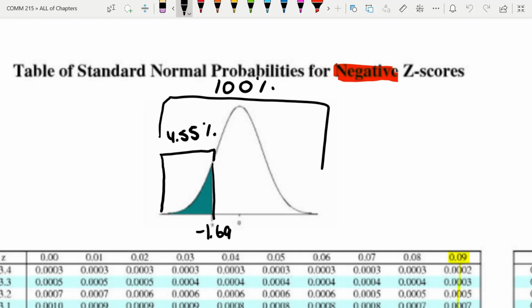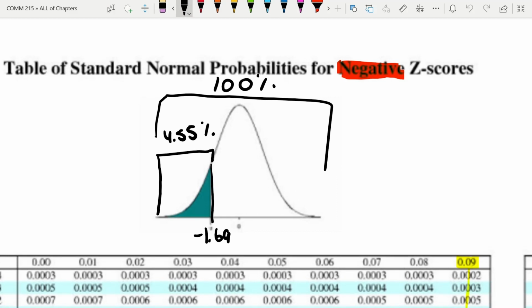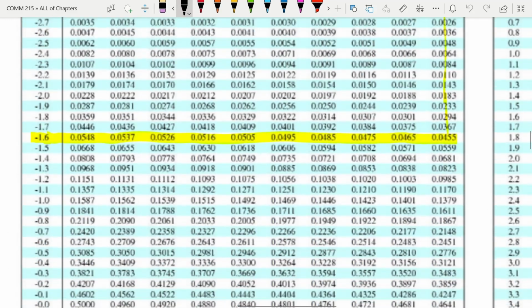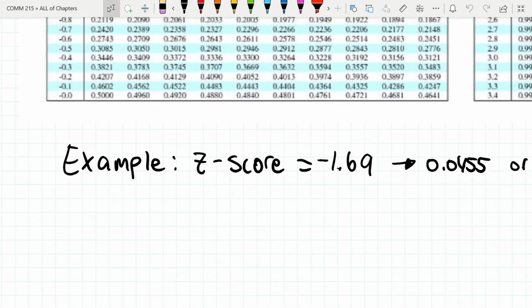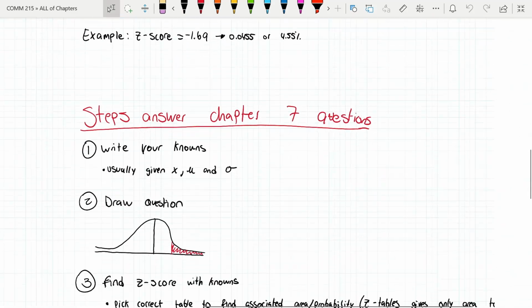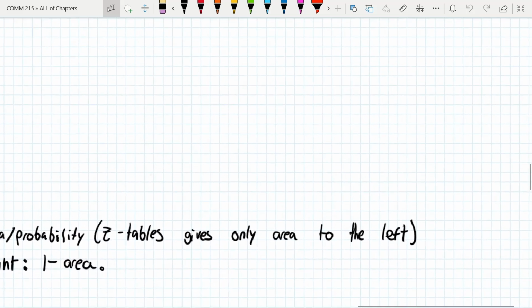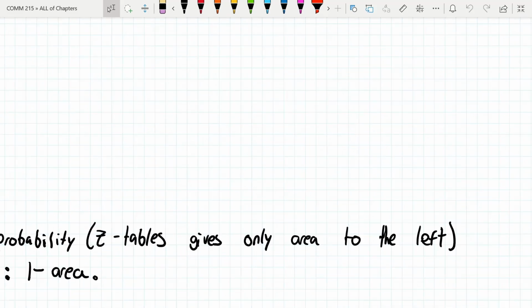What you can also do with this is, let me write this down so you guys can really understand: z tables give only the area to the left. I'll highlight that because it's really important. Even if you're using the positive z-score table, it's always going to give you the area to the left.